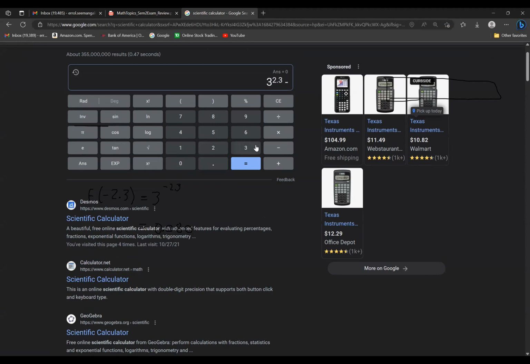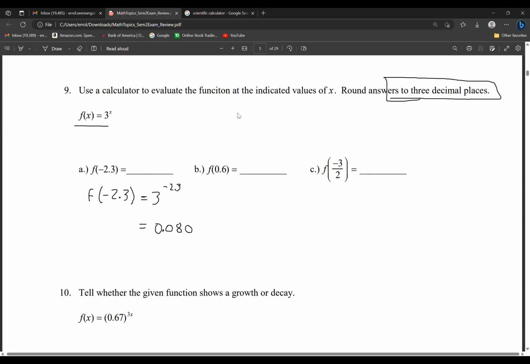I missed the negative. My bad. So 3, then you press the x to the y button, then you type in negative 2.3, equals, to 3 decimals. Yes, you're right, 0.080. Yep, you're good on that one. Good.